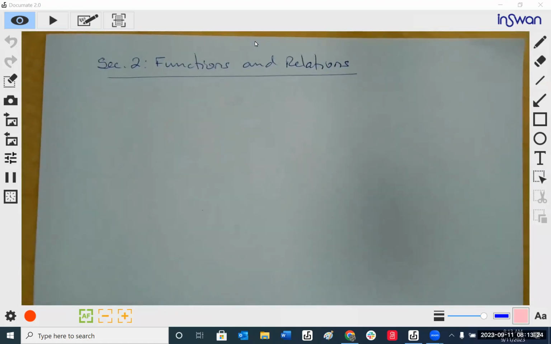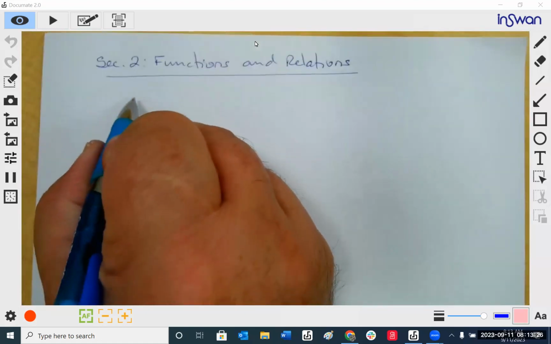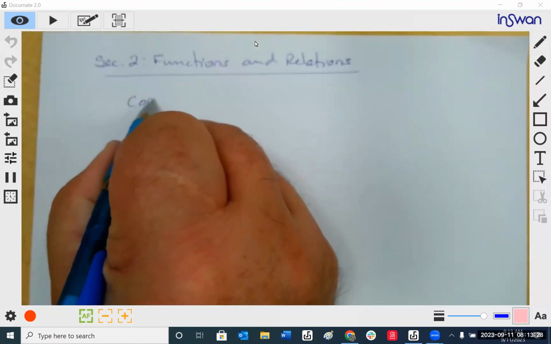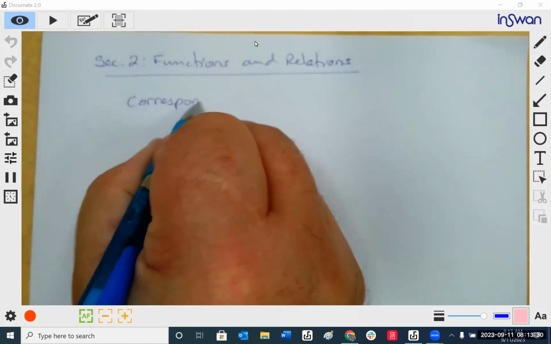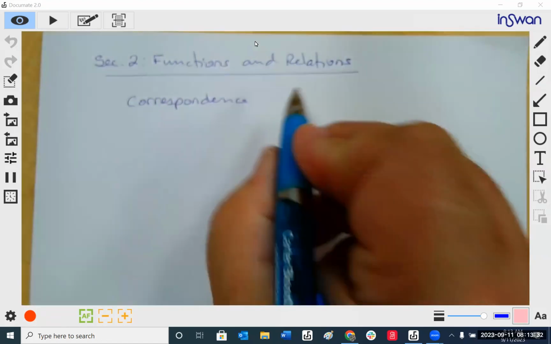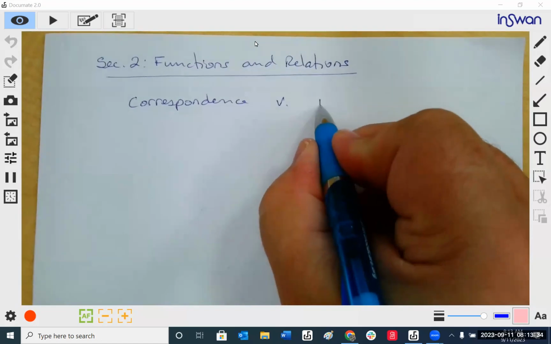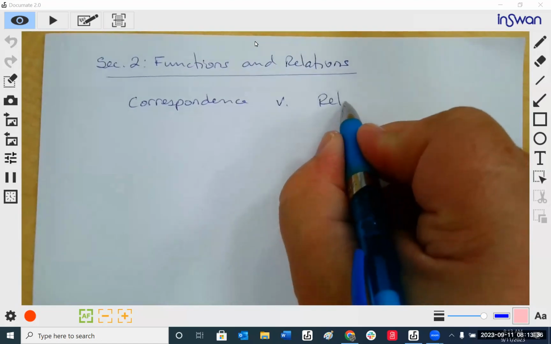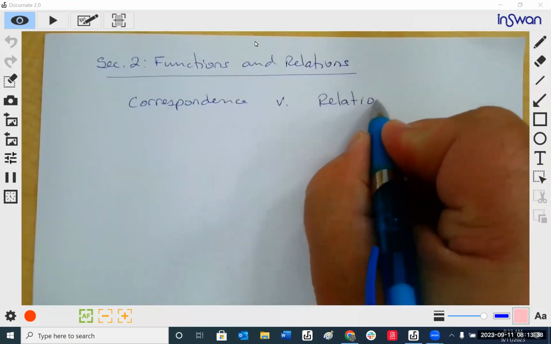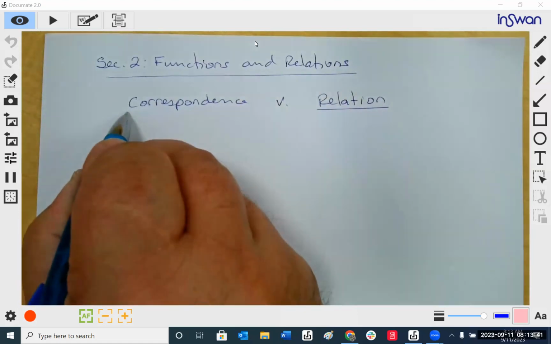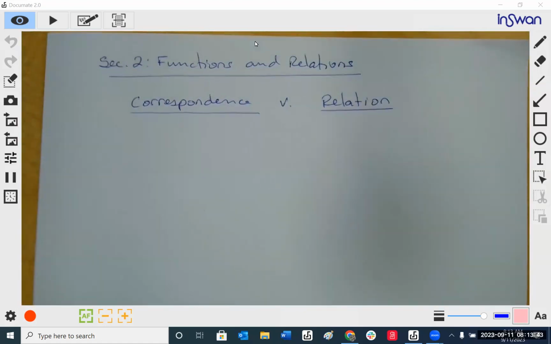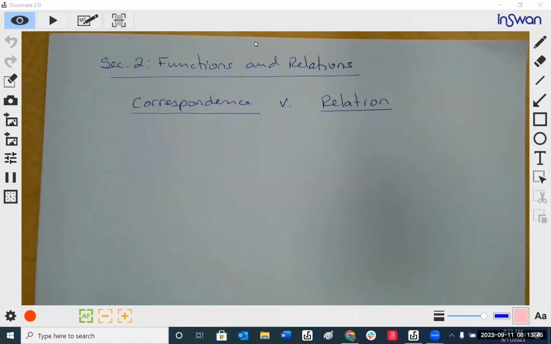The first thing we have to do is distinguish between correspondence versus a relation. And it's not by chance these words were used.